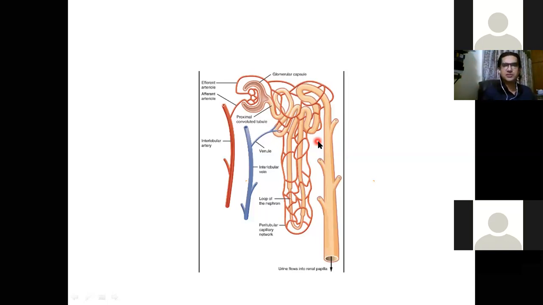So one of these two problems can occur. And then secondly, as you know, one of the functions of tubules is salt balance, right? So there is metabolic acidosis and there is hyperkalemia. So salt balance and acid-base balance. Acid-base balance would be disturbed, the salt balance would be disturbed, and the water balance would be disturbed. These are the three major functions of the tubules.